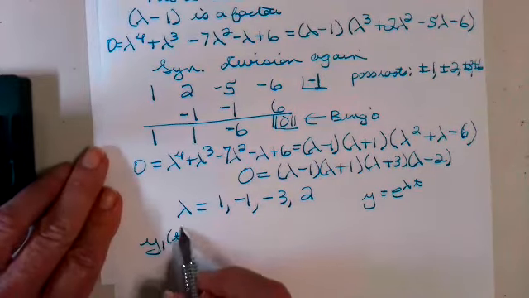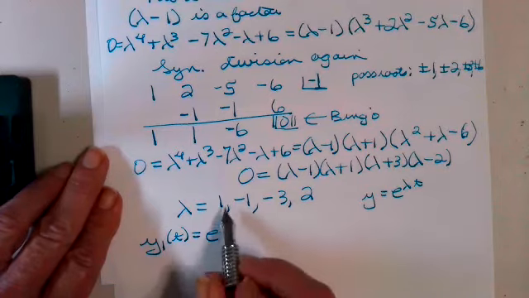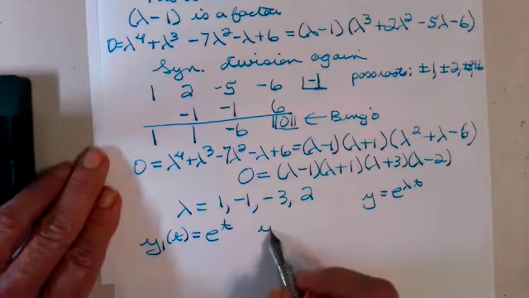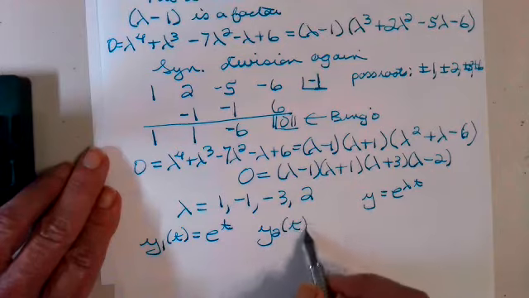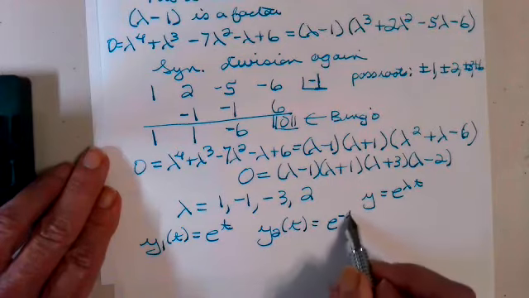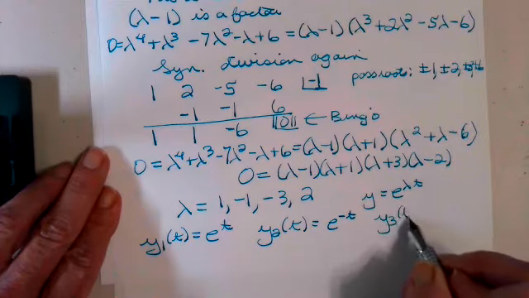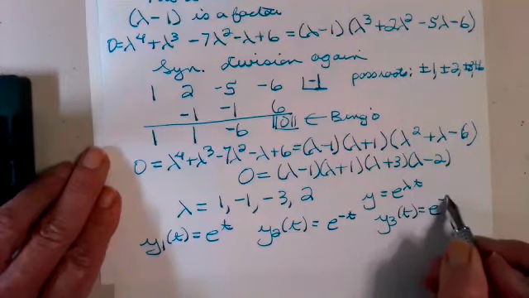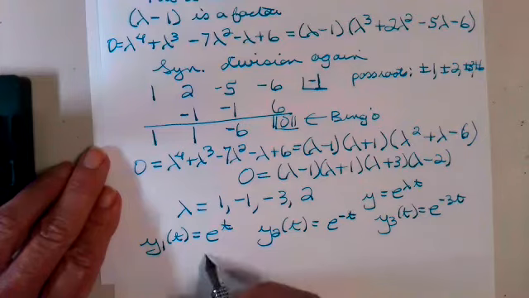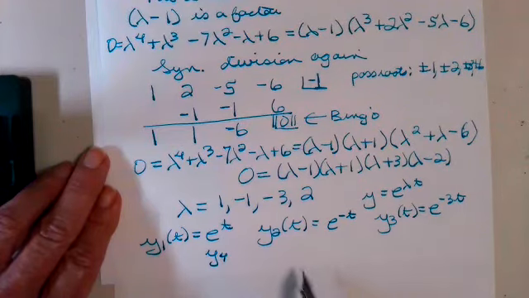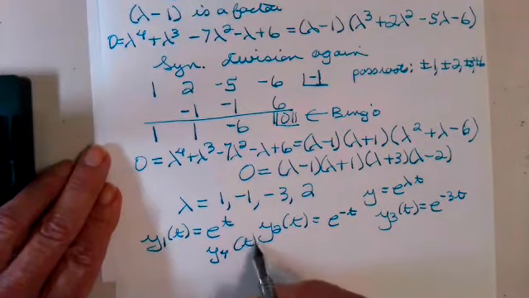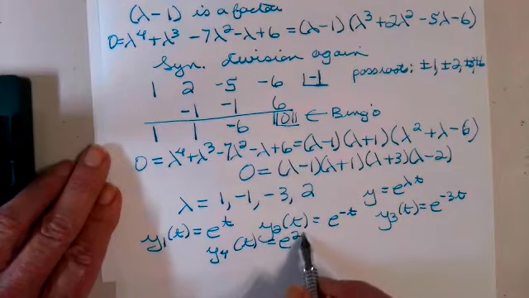So y1 of t is e to the 1 times t, y2 of t is e to the minus 1 times t, y3 of t is e to the minus 3t, and y4 of t is e to the 2t.